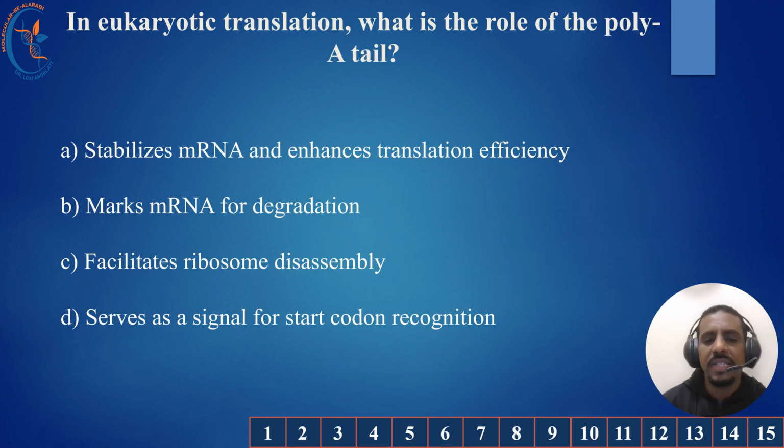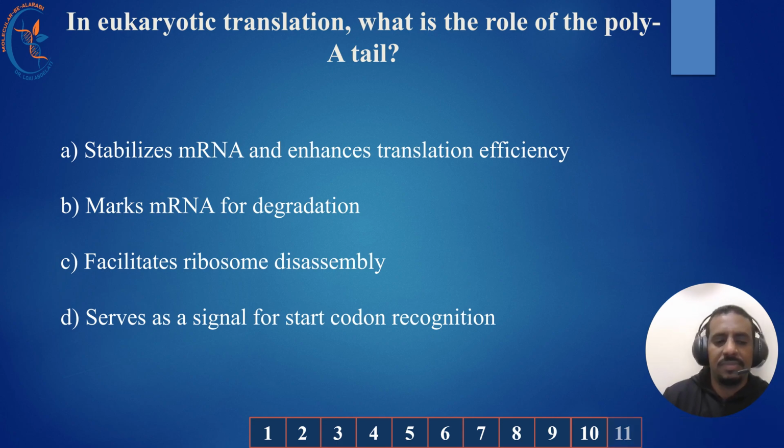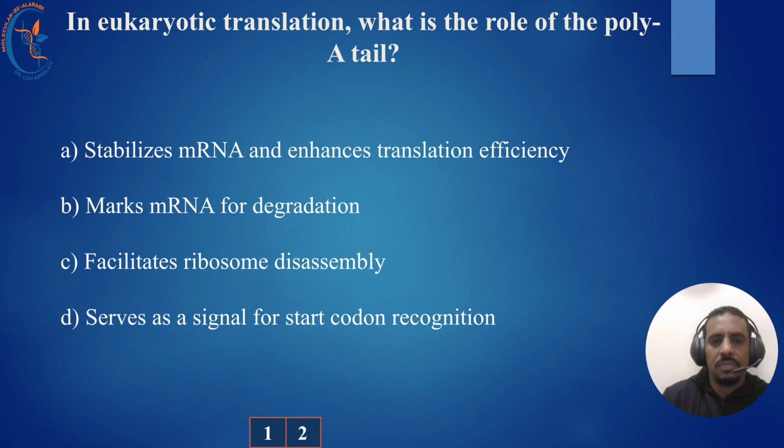In eukaryotic translation, what is the role of the poly A tail? All right, let's see the correct answer.